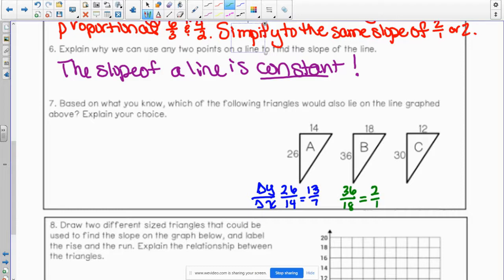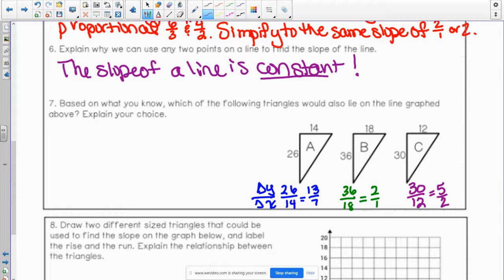So B works. And then we'll check this last one. The rise is 30. The run is 12. If you divide by 6, I think that's the greatest common factor of both, 12 divided by 6 is 2, and 30 divided by 6 is 5, and 5 halves, because that's as low as you can go, does not equal 2 over 1.